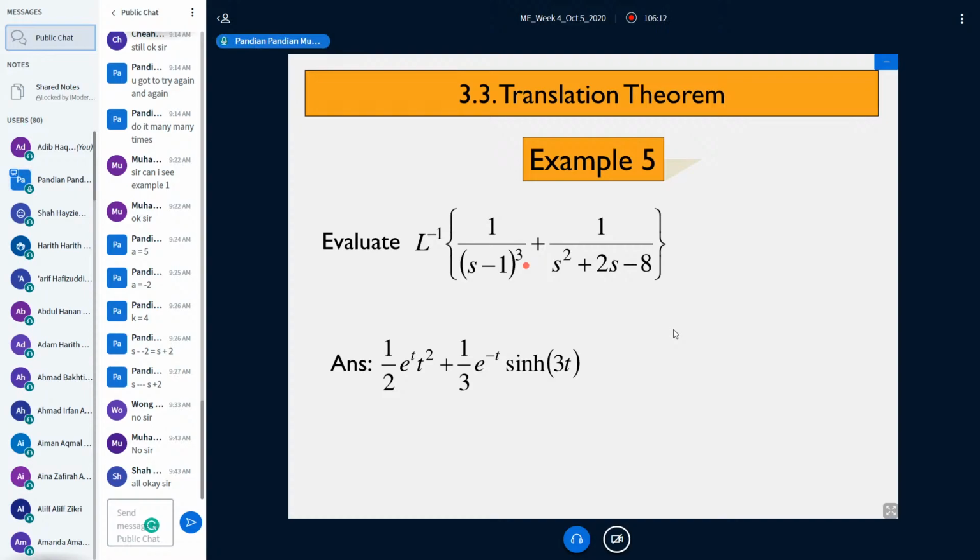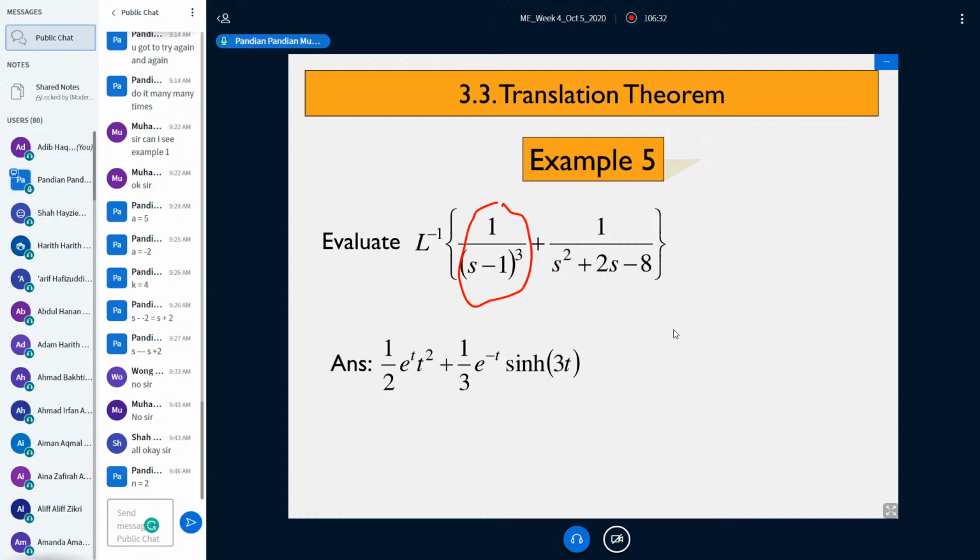So for s minus 1 power 3, your n is 2, so n plus 1 is 3. I'm handling this part first.